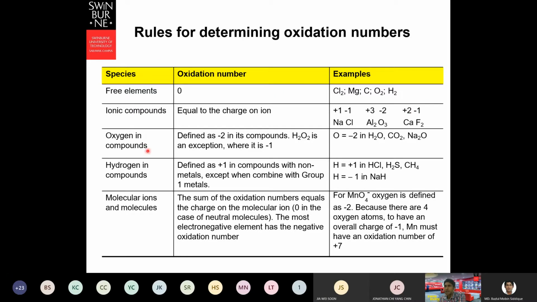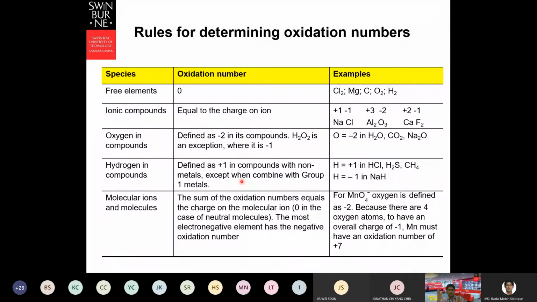All right. So when there is oxygen in the compound, oxygen is always considered to be -2. There are some exceptions, and the exception is when it is with a more electronegative element, that is fluorine. How do you know the electronegative element?